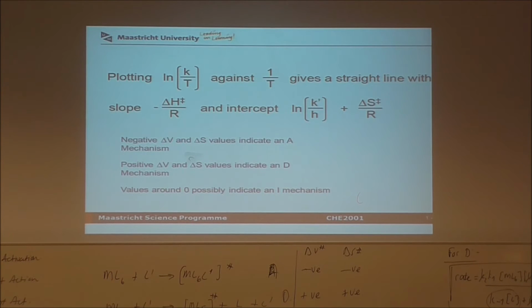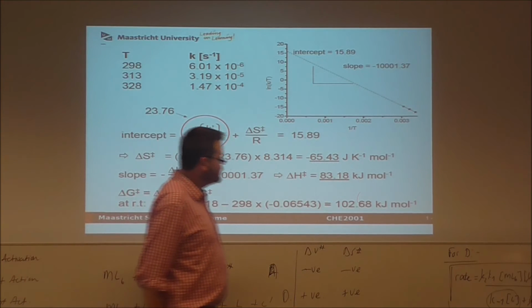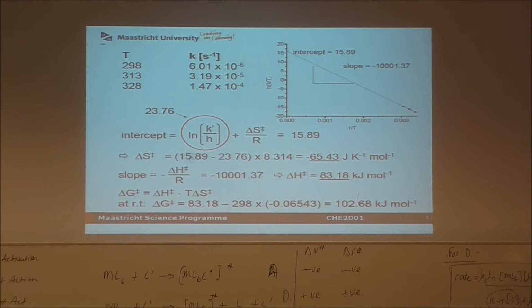The take-home message is, if you plot it, for example, here we have an example where at different temperatures we've determined the rate constants of a substitution reaction, and you end up with what we see there. Essentially the y-intercept is simply the log of k over h. So from this data you can determine the delta S value from the intercept, and the delta H value is reflected in the slope.